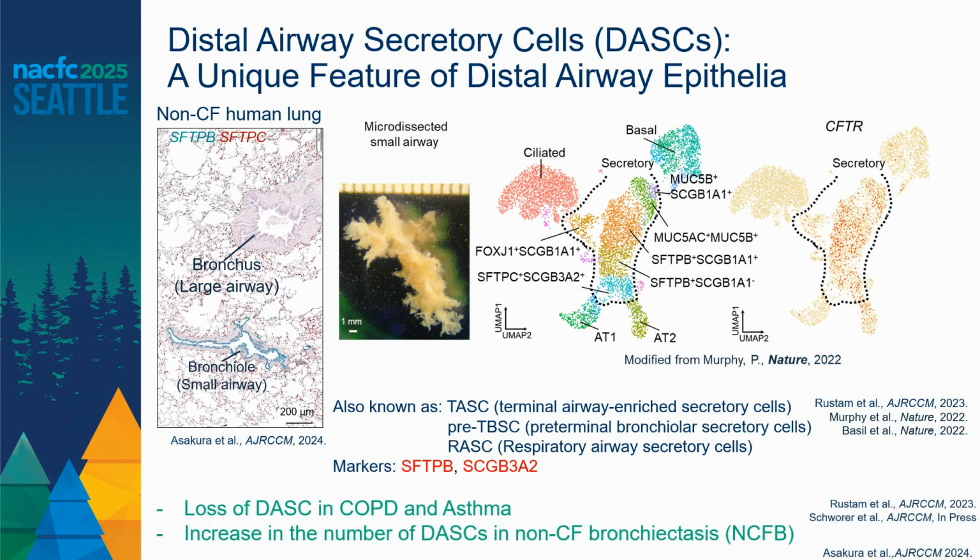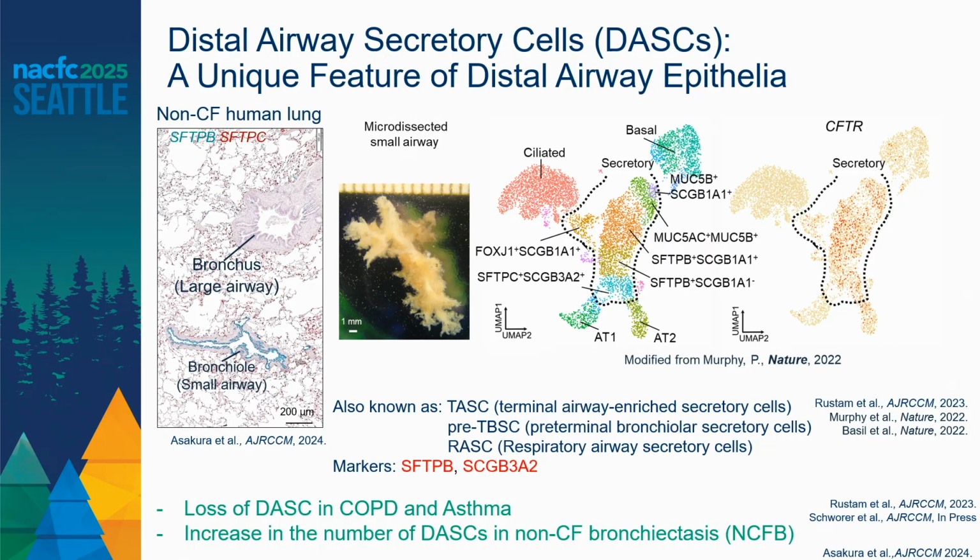Importantly, a recent paper mentions that some muco-obstructive lung diseases, like CF, COPD, or asthma, show a decrease or loss of DASC cell types. In contrast, in non-CF bronchiectasis, the abundance of DASCs increased.